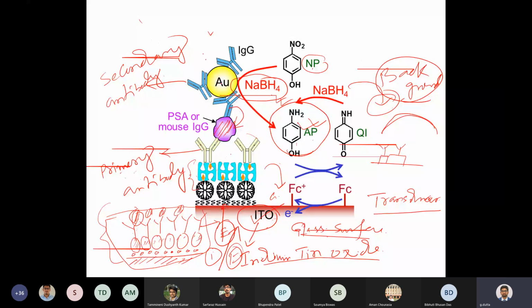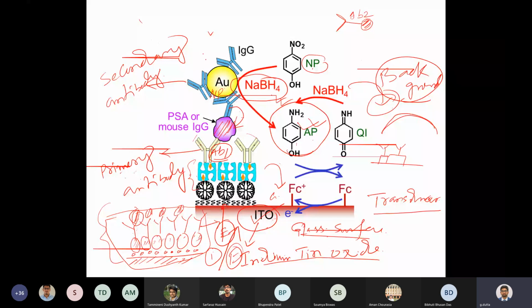Au is the gold nanoparticle, NP. So you can bind your gold nanoparticle with your secondary antibody. This is your AB2, AB2 means secondary antibody, and this is AB1, AB1 means primary antibody.